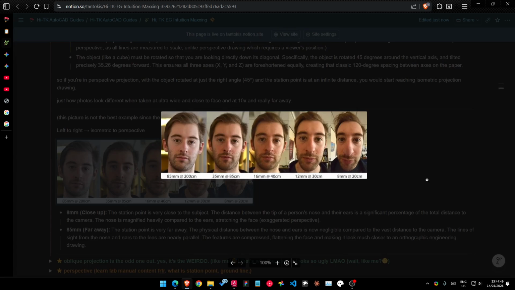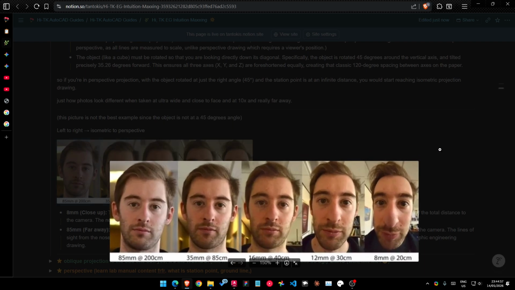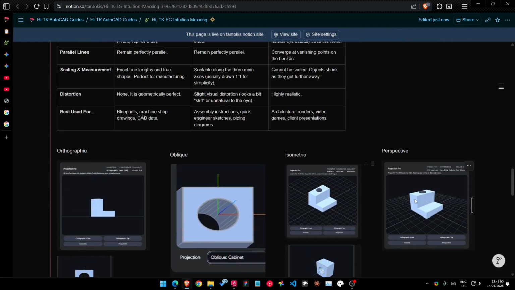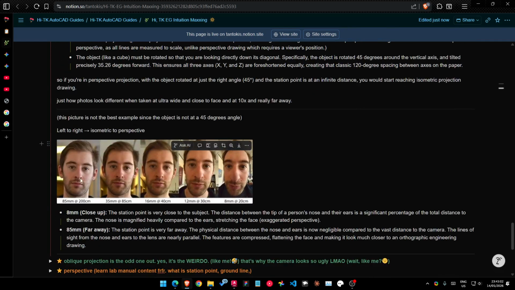This photo has been taken from 20 centimeters, and this is what it looks like. So this feels like perspective, doesn't it? This feels like perspective, while this feels more like isometric.